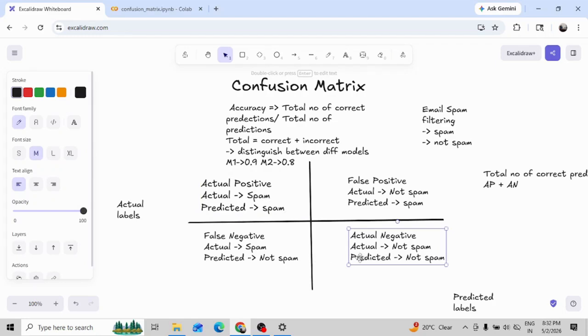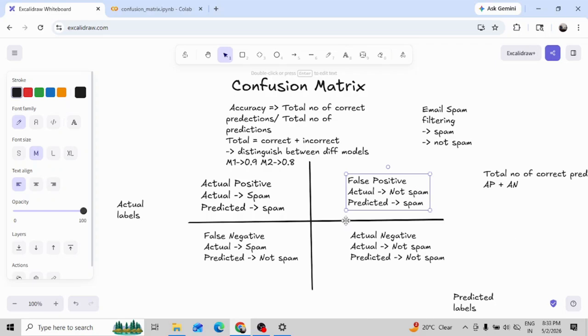Now, if I talk about false positive: an email is actually not a spam, but our machine predicted that it is a spam. This is what is meant by false positive. It is an incorrect prediction given by our machine.